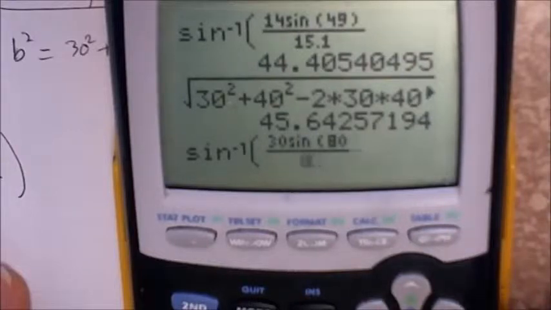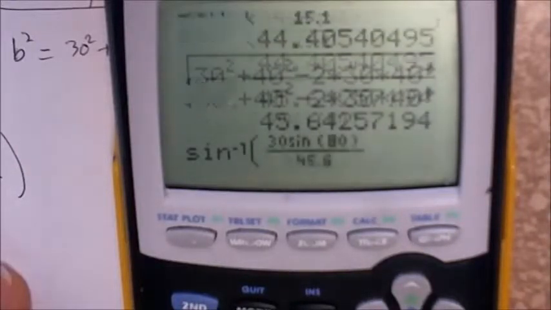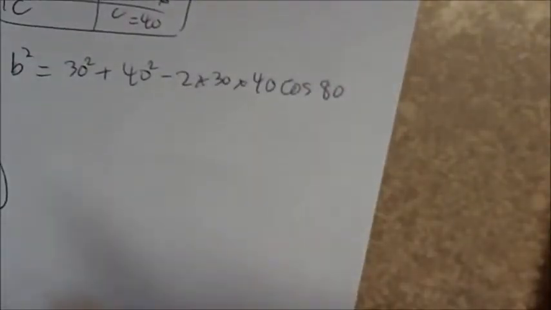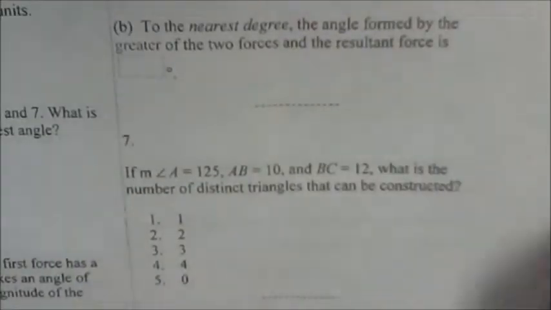It looks like it's 40 to the nearest degree, 40 degrees. Hopefully that's right. Yeah. So that's 40 degrees out of your calculator.